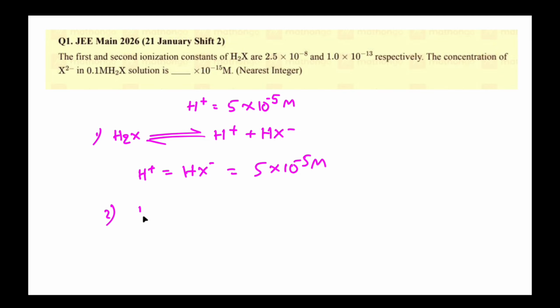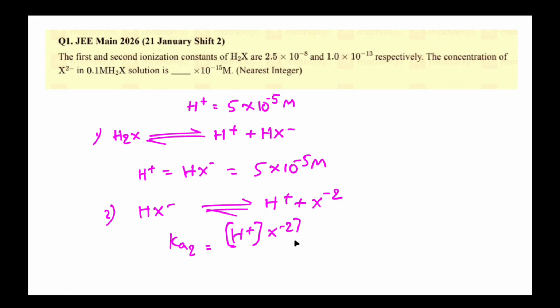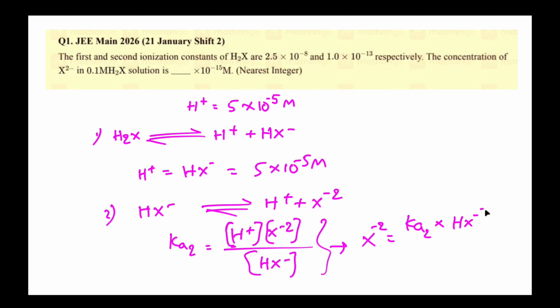But for the second ionization, that is HX- converting into H+ plus X2-, Ka2 is H+ times X2- by HX-. So from this, X2- is Ka2 times HX- by H+.